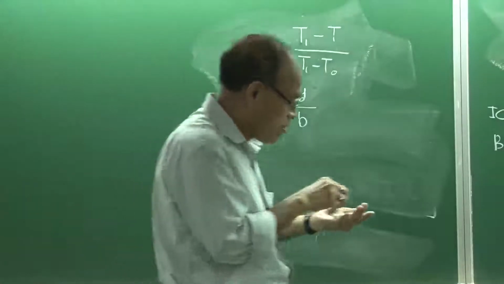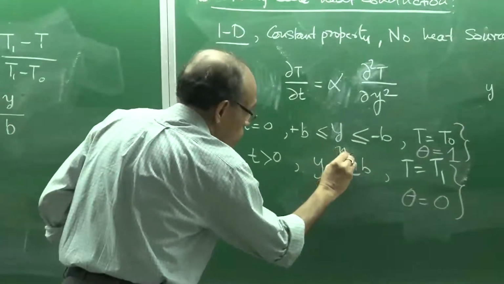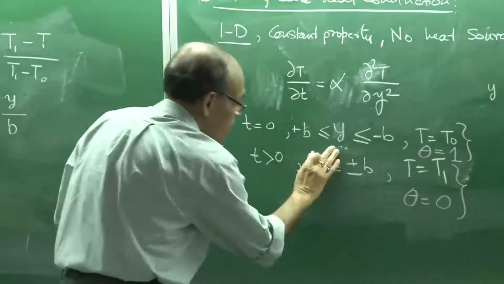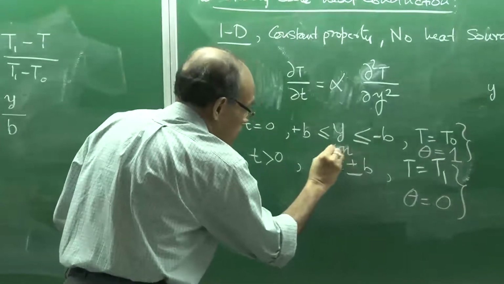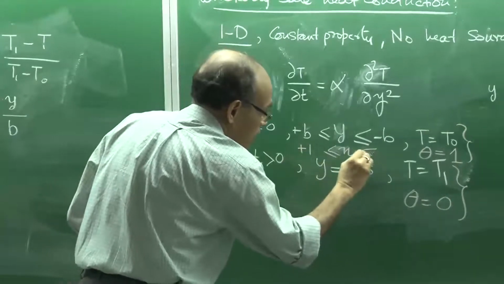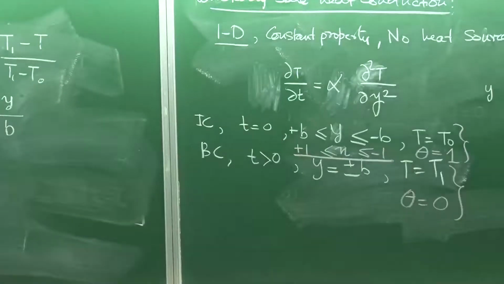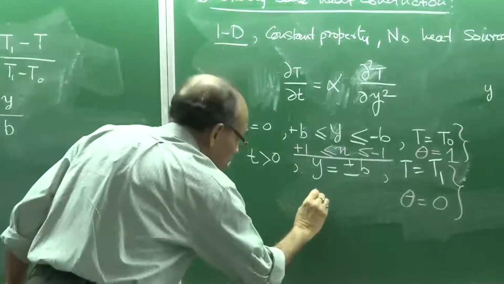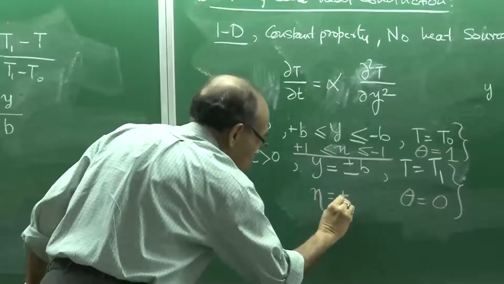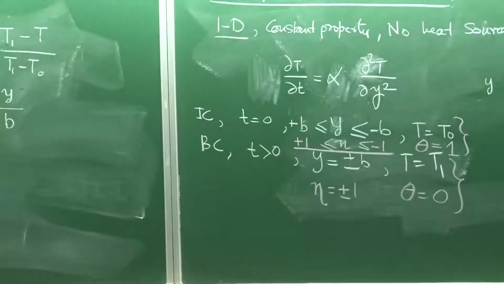So, this term will vary from minus 1 to plus 1, equivalent to writing less than plus 1 and greater than minus 1. That is the modified boundary condition. And then this term therefore represents the non-dimensional distance equal to plus minus 1. I am writing it in different colors so that you can distinguish.